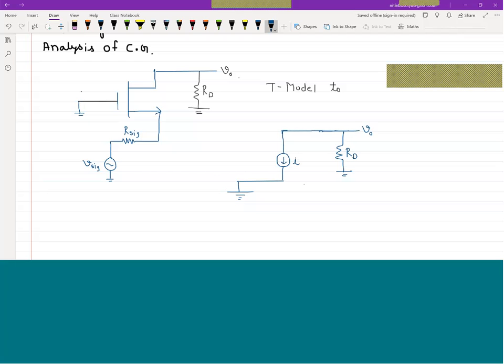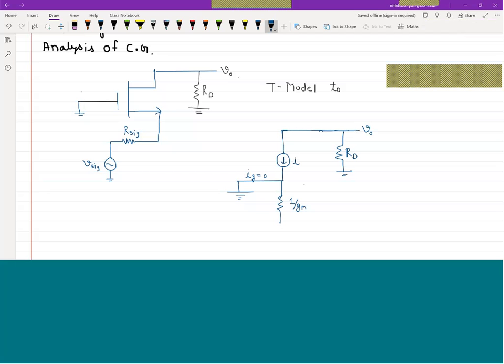This is V out. Then we are having one by Gm. This current is 0, so no problem in this.